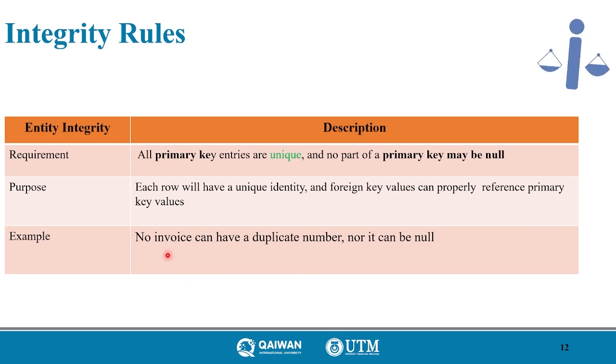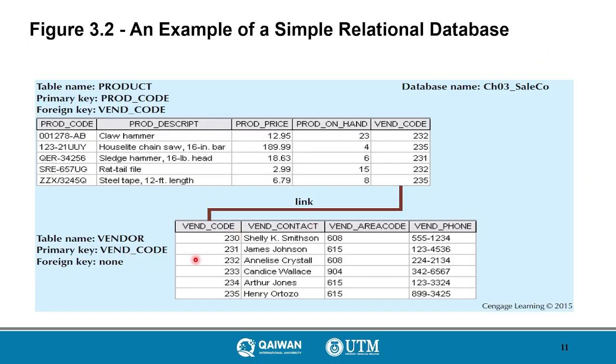An example would be no invoice can have a duplicate number, nor can it be null. So in this case, for example, we have these vendors, contacts, and names and description, area code, vendor phone, and so on. The primary key should not be duplicated and cannot be null.